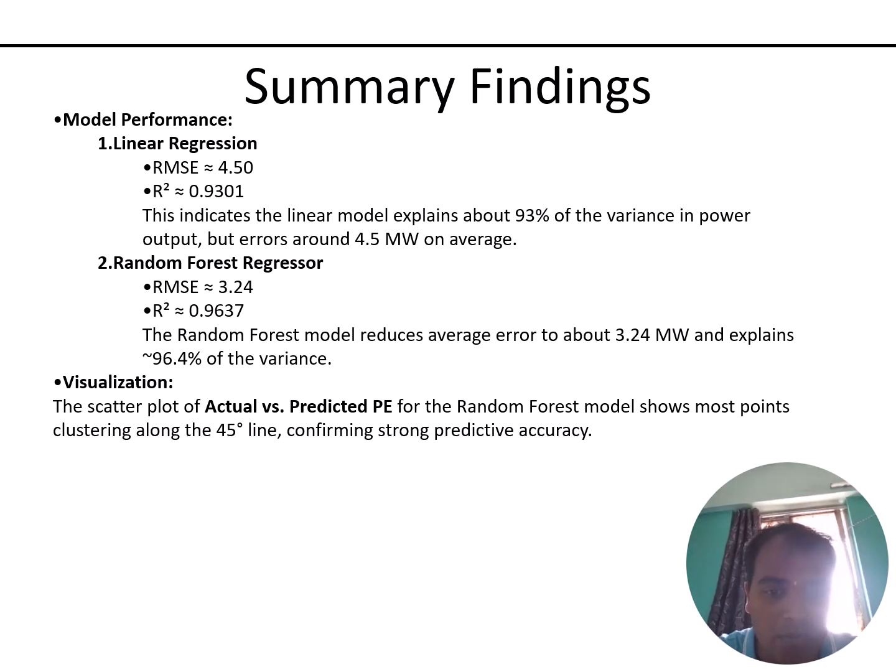It means that the random forest model reduces the average error to about 3.24 megawatt and explains 96.4% of the variance. So visualization, the scatter plot of actual versus predicted power output for the random forest model shows most points clustered along the 45-degree line, confirming strong predictive accuracy.